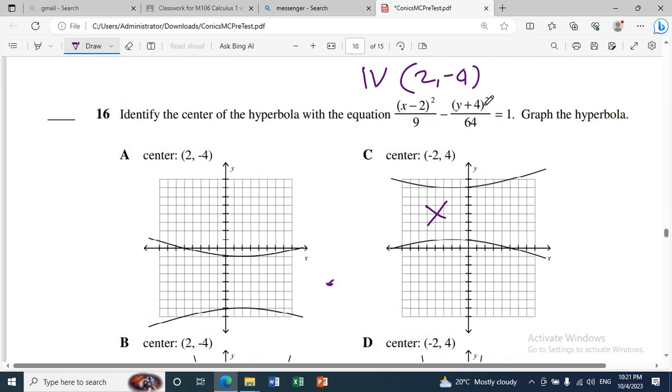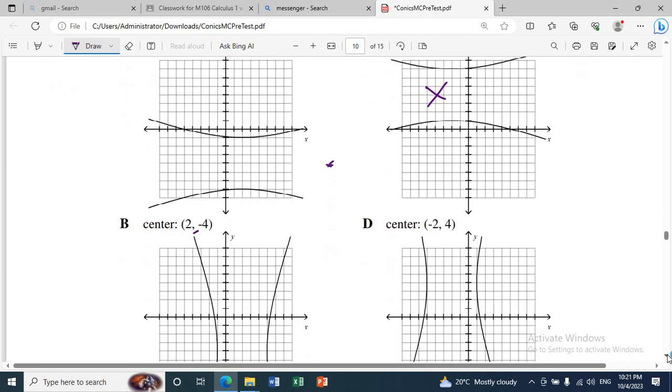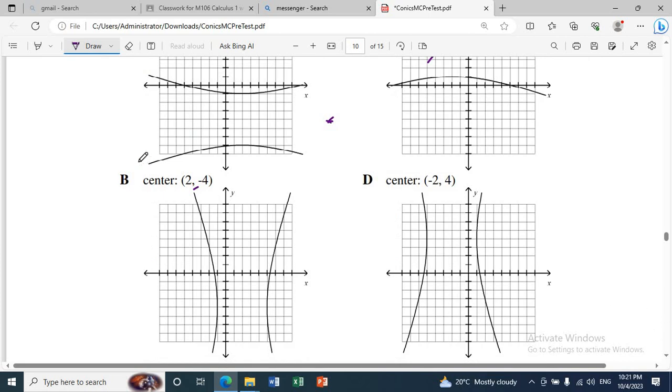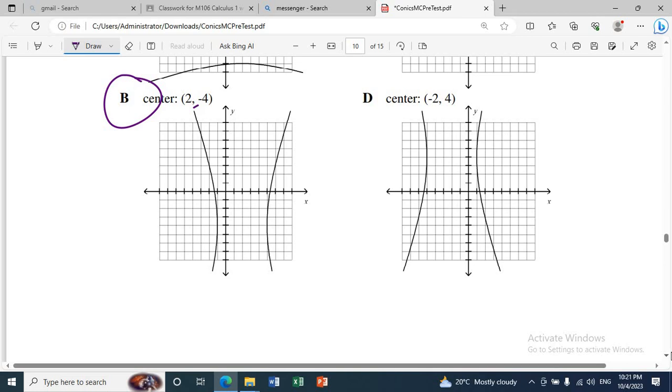We're looking for 2, negative 4. Both are correct. Now, the opening: the basis is always the first positive value, which is x, so it opens left and right. So it should be letter B, left and right.